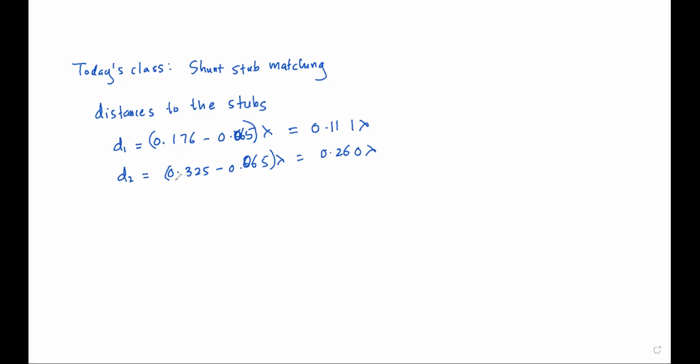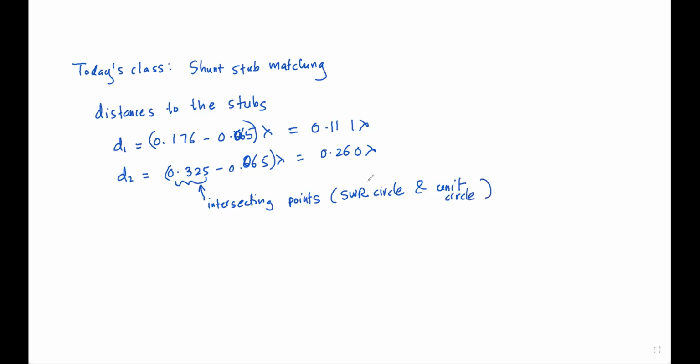Okay, so these points were the intersecting points that we obtained by taking the intersection between the SWR circle and the unit circle.